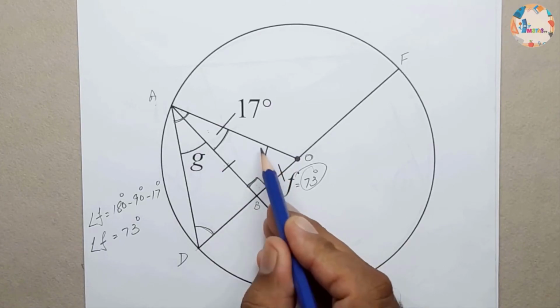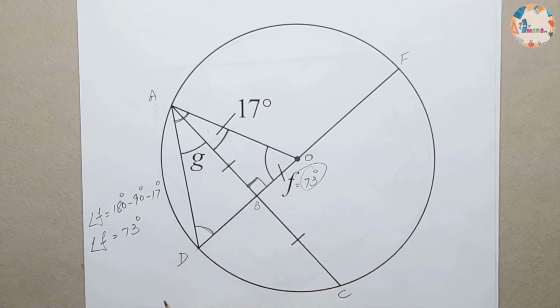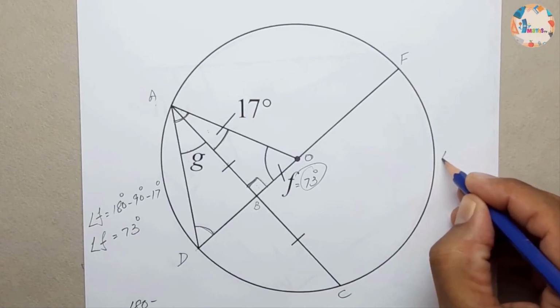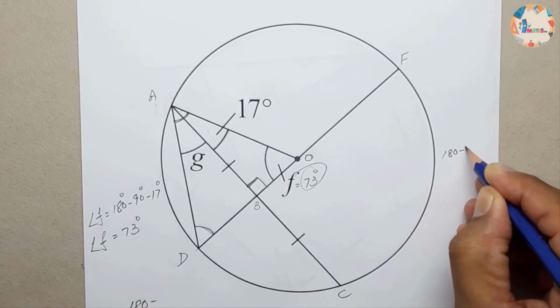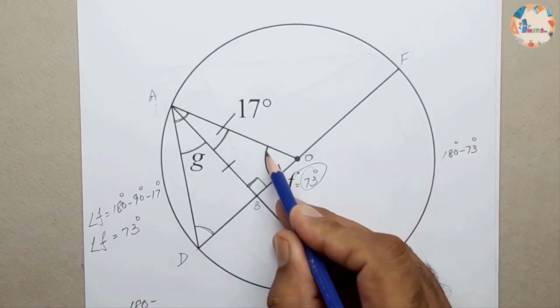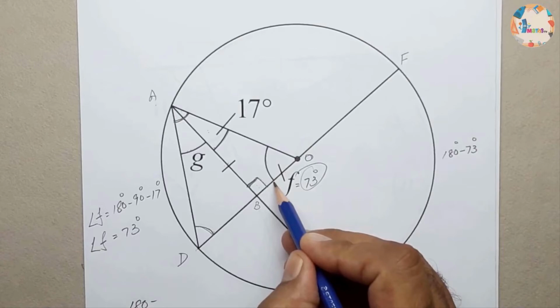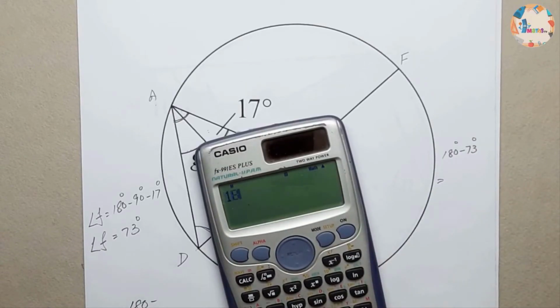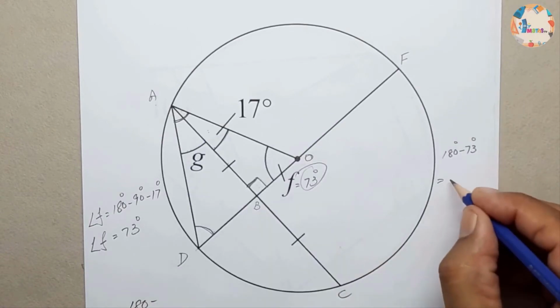So first we calculate the remaining angle: 180 minus 73 degrees will be equal to 107.